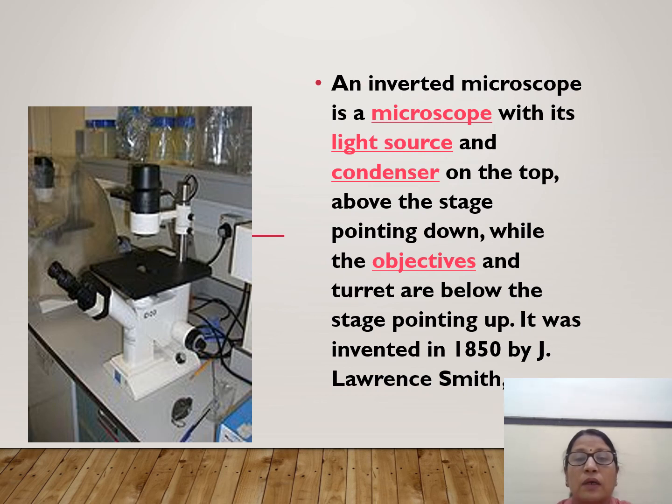It was invented in 1850 by J. Lawrence Smith, and this inverted microscope is basically used to visualize the cell lines which we are using to grow the viruses. Again, this type of microscope I have seen in NIV Pune.